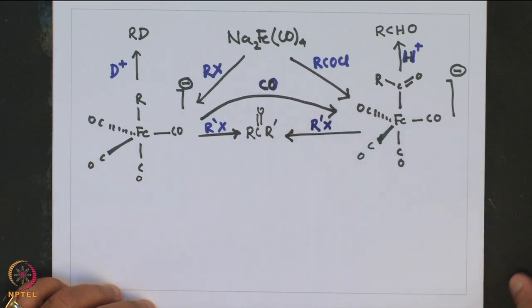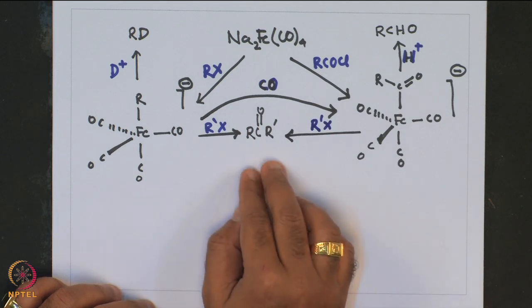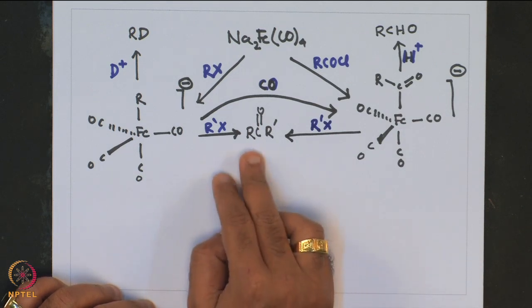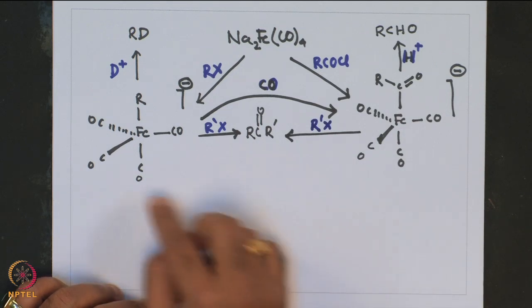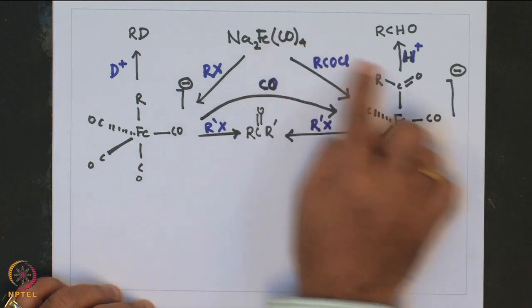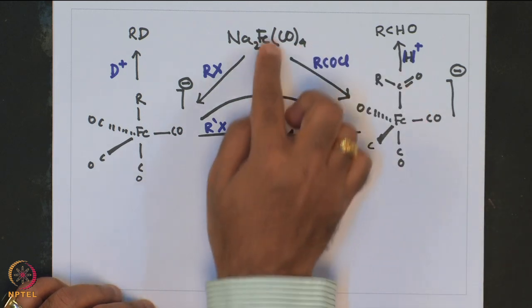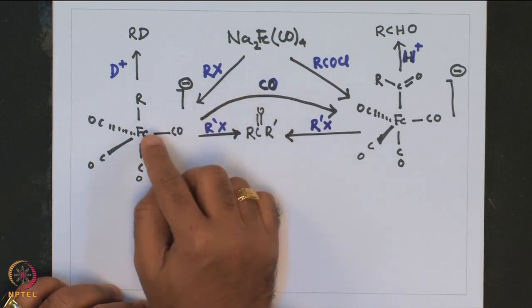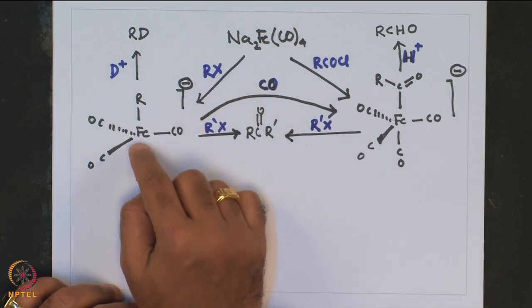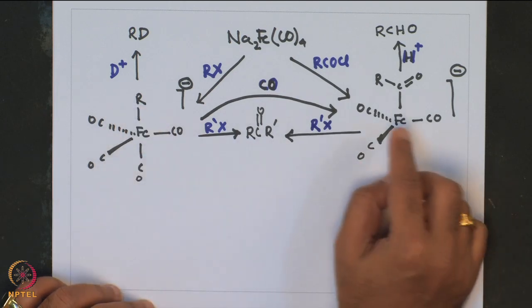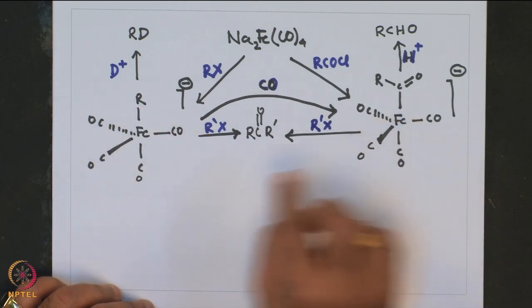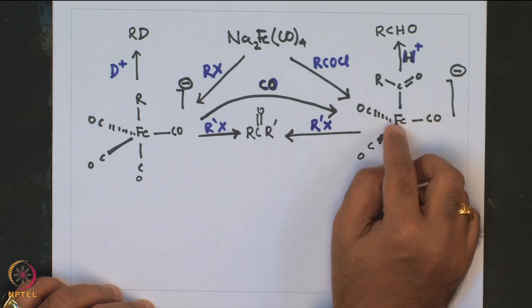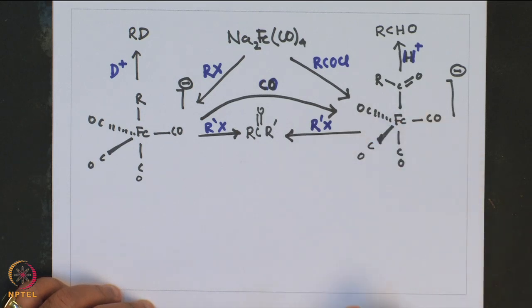So, here what we see is a nice demonstration of arriving at the same compound by two different routes. One is by the right hand side, the other is by the left hand route, and in one it goes via the formation of the iron alkyl complex, for the other it goes via the formation of the iron acyl complex.